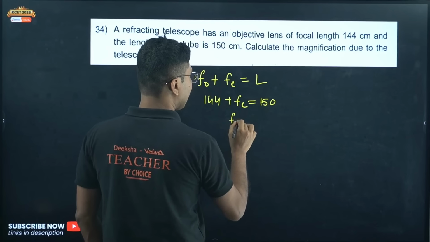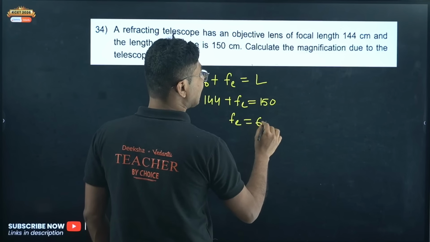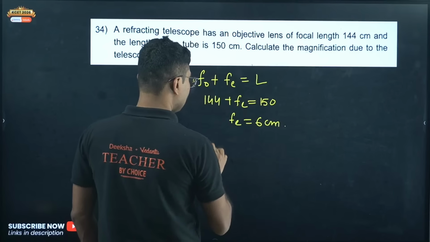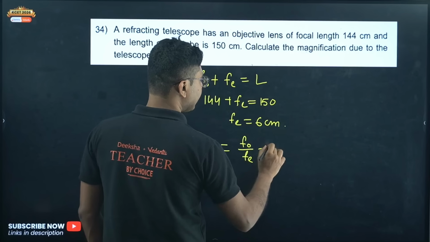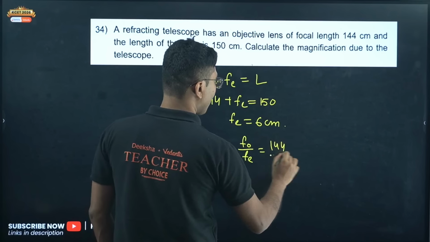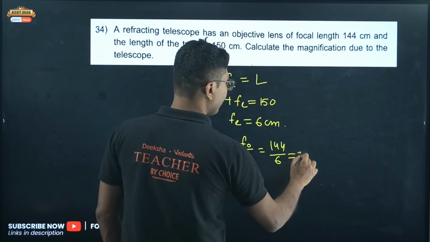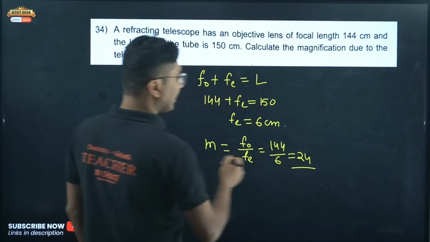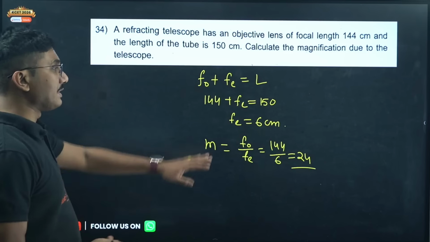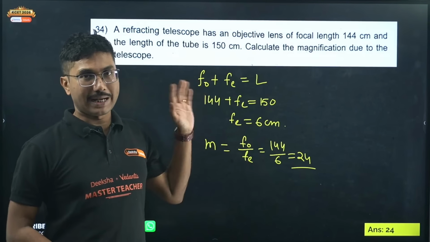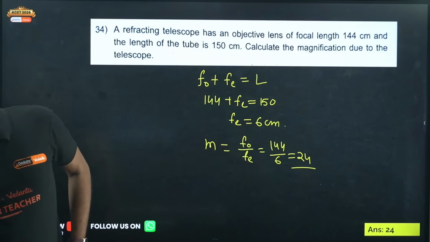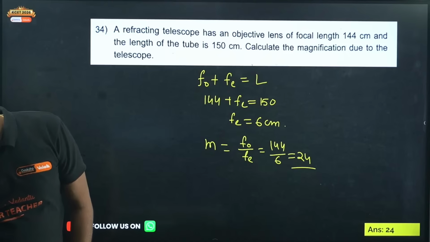So from here you can calculate FE, which will be 6 centimeter. Now what is the magnification? Magnification is FO by FE, that is 144 by 6, which comes to 24. It is a magnification, so no unit is required. Remember, 24 without any unit. Magnification has no unit.